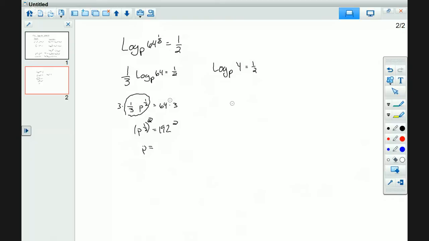Then write it as an exponential. And we get 60 again. That's probably what the problem is. I put the 1/3 on the wrong side.